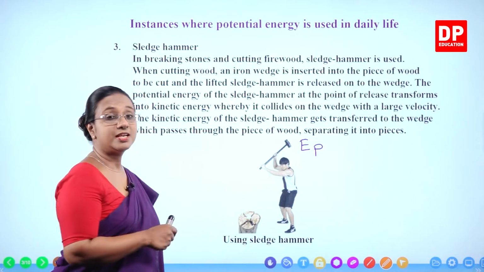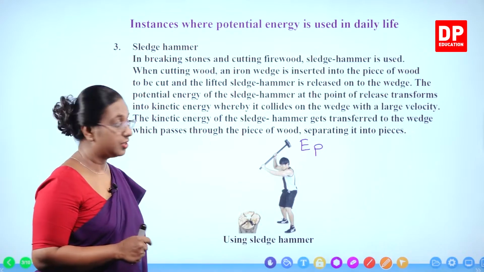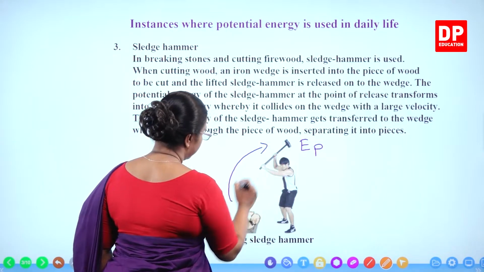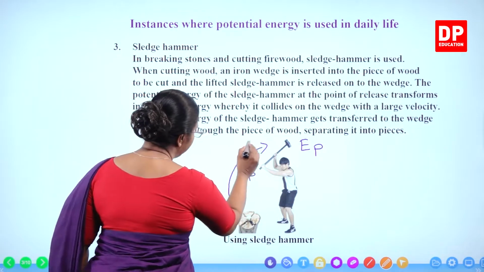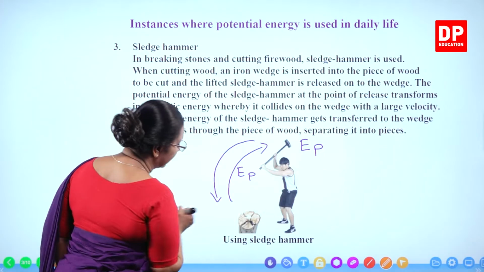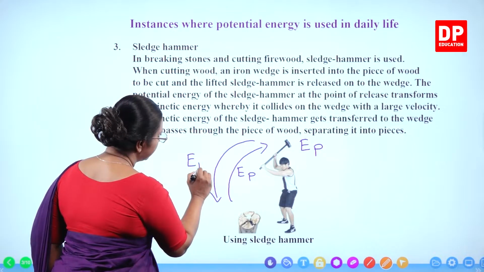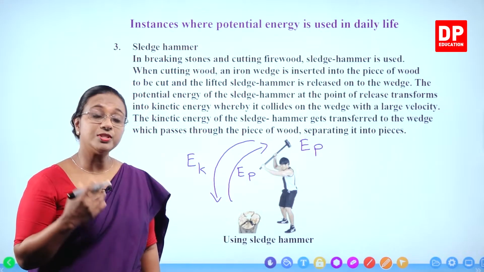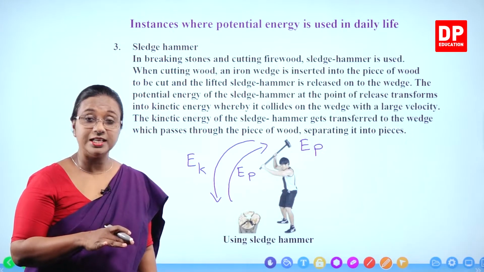That potential energy will be converted to kinetic energy. When it is raised from here to here, the potential energy is stored. And when it comes back down and hits the wedge, the potential energy is converted to kinetic energy. So, here also there is an energy conversion from potential energy to kinetic energy.